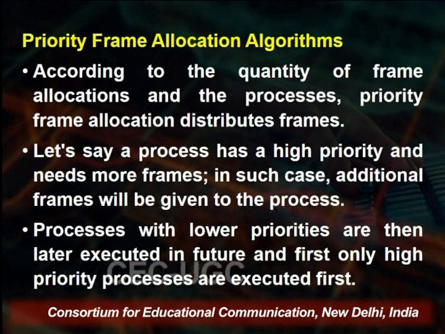and the processes with lower priorities are executed later in future, and only the high priority processes are executed first. So that depends not only on the priority but also on the demand of the frames which is being generated by the process.